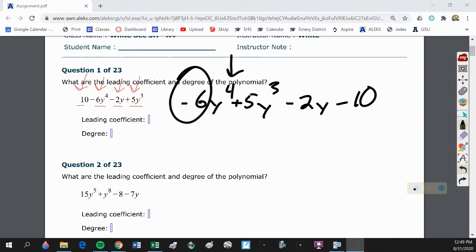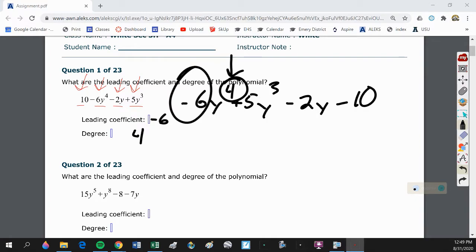So in this case, the leading coefficient is -6, and the degree of the polynomial is the largest exponent. So the degree would be 4. You remember that from last year? Now we don't have to rearrange it to answer that.